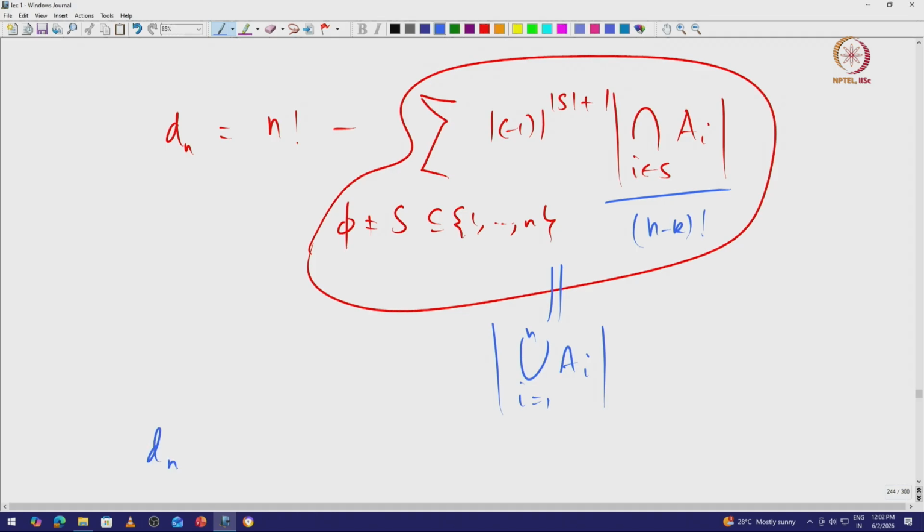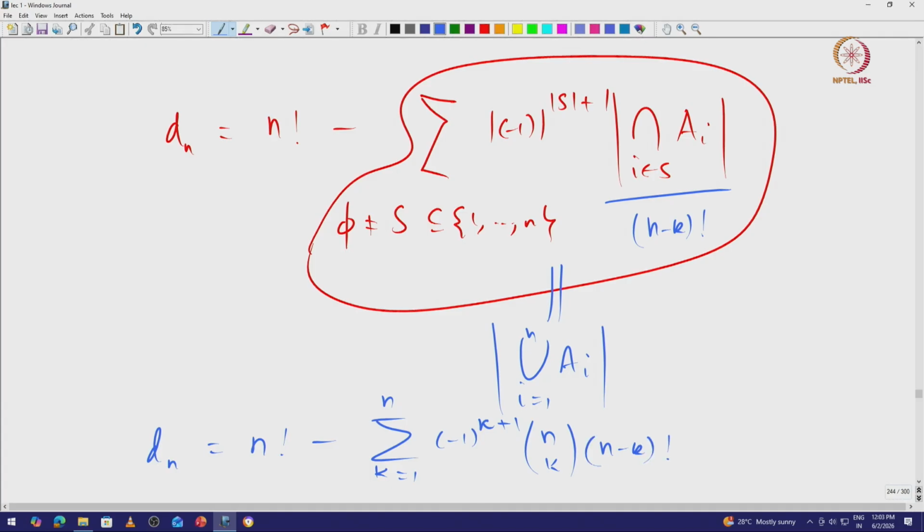So, dn is given by n factorial minus the summation, k ranging from 1 to n, of minus 1 to the power of k plus 1, because the cardinality of S is k, times n choose k, the number of S's, times n minus k factorial, that is the cardinality.